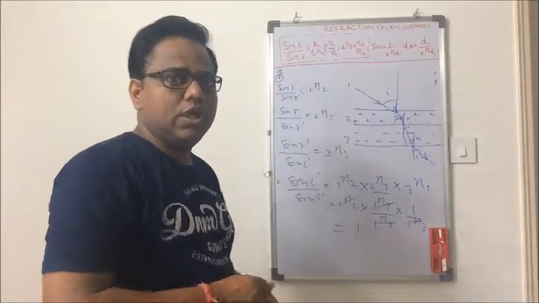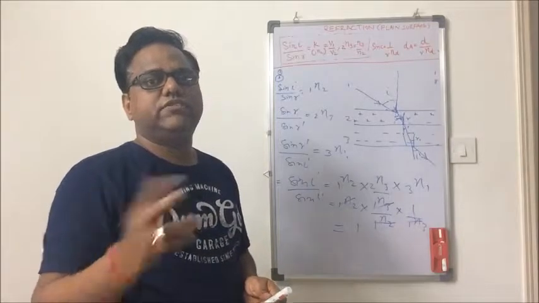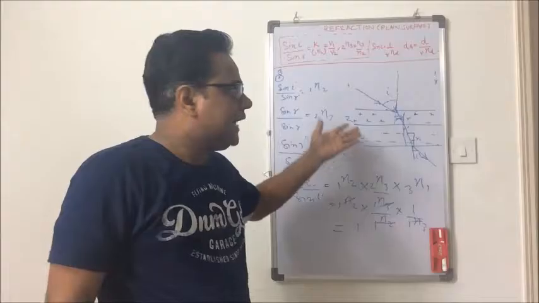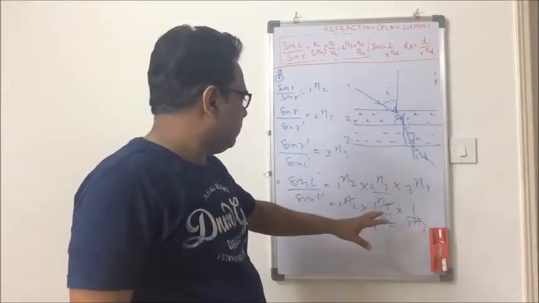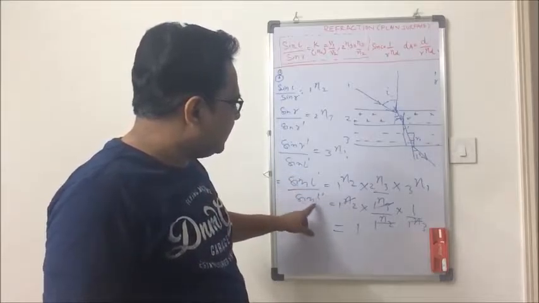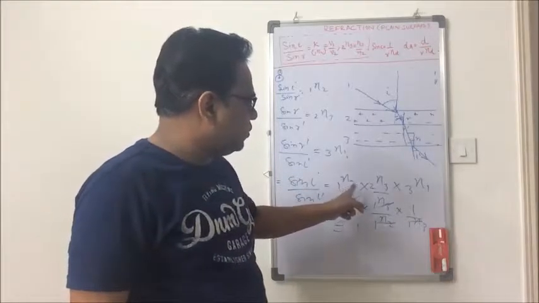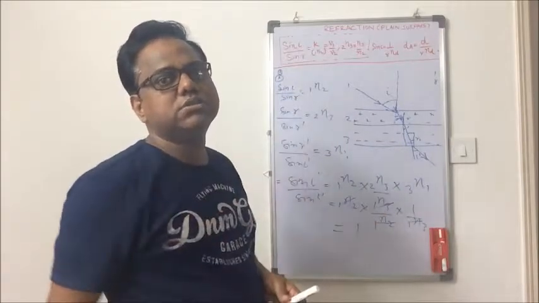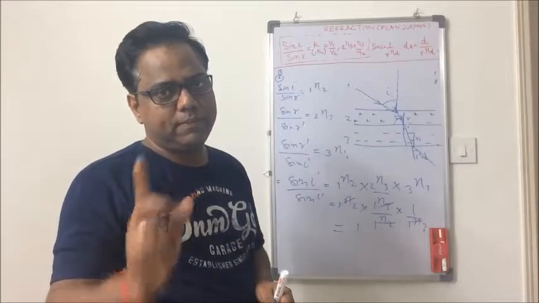People take it different ways. Sometimes they say that these are properties of light, and by doing that they say sine I by sine I dash would be the same, so 1 and 2, 2 and 3, 3 and 1, the multiplication of all those will be 1.